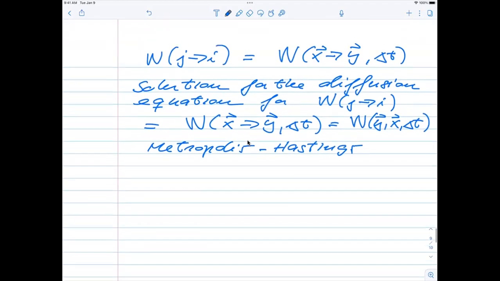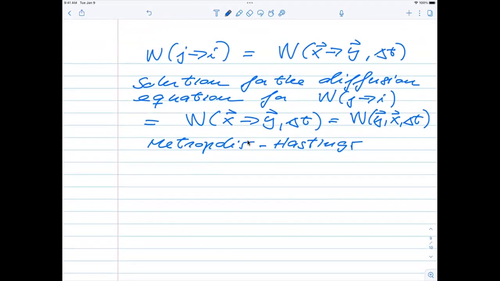or to actually put in a model for the transition probability, so that we would actually have a W, and now we're going to say that we are in a position y, starting with a position x. So this is our w_i and w_j's as we discussed before.